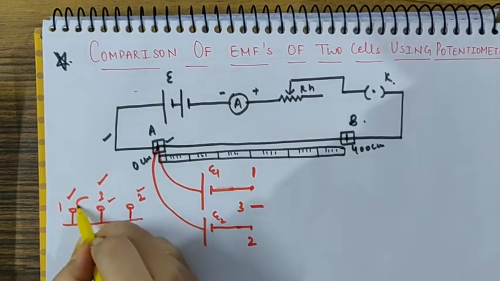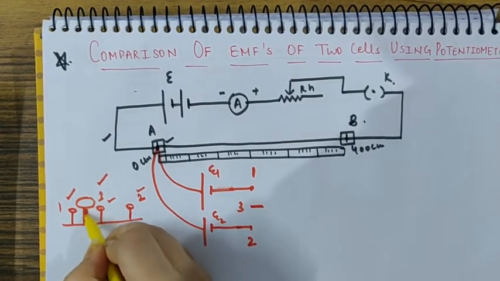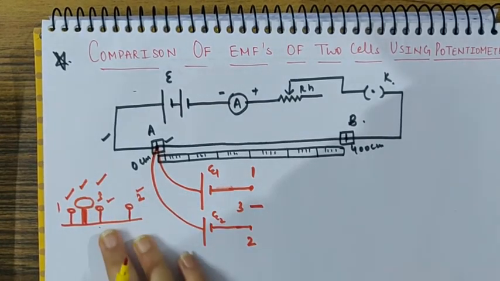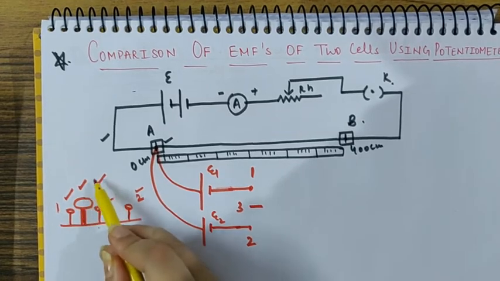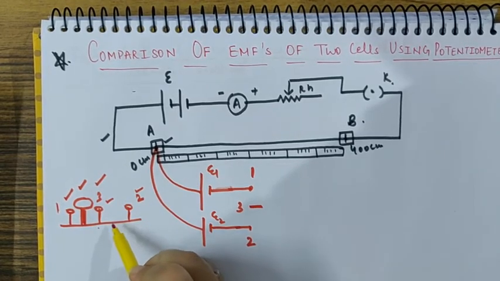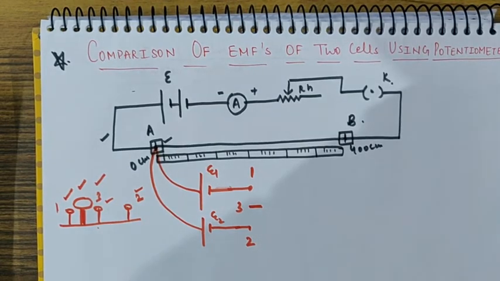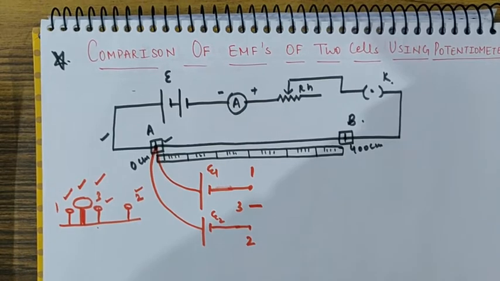If you put a key here, then cell 1 will be in the circuit and cell 2 will be out of the circuit. And if you remove this key from here and put it here, then cell 2 will be in the circuit and cell 1 will be out of the circuit. Obviously if you put both the keys, then both the cells will be in the circuit. We are not going to do that in any case.